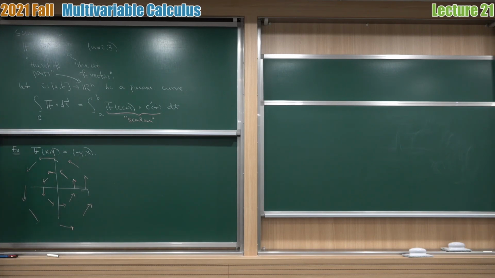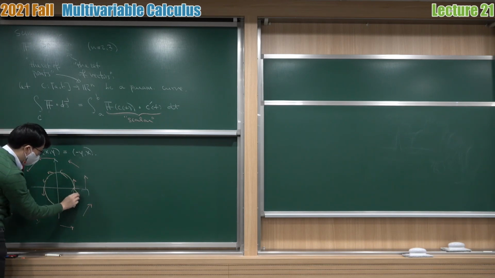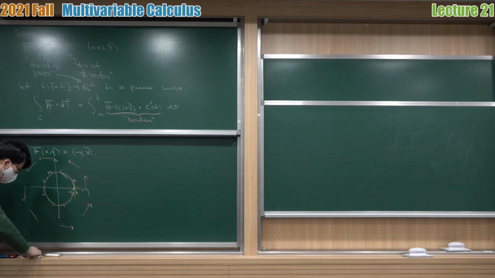Okay. So if I want to find the line integral along this unit circle, now, when you provide a parameterized curve for the line integral of a vector field, you should mention in which direction you're going to take the integration. So I'm going to take the line integral counterclockwise.